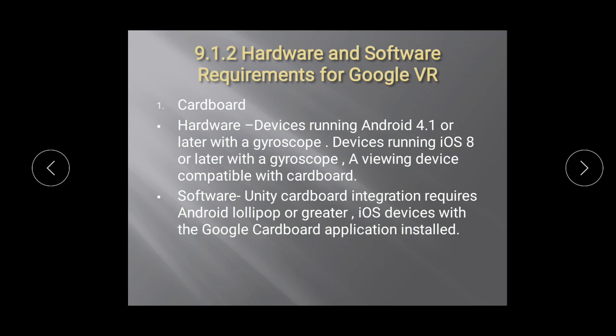Unity Cardboard integration requires Android Lollipop or a greater version. Lollipop is basically two years prior. And iOS devices with the Google Cardboard application installed. So there should be a Google Cardboard application installed on your iOS devices if they are Apple devices.